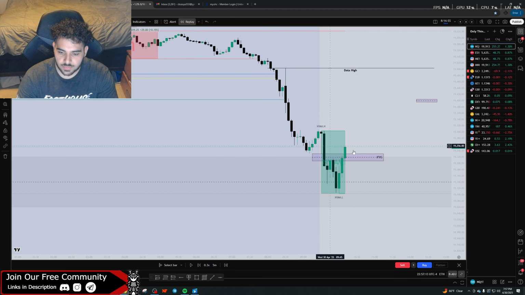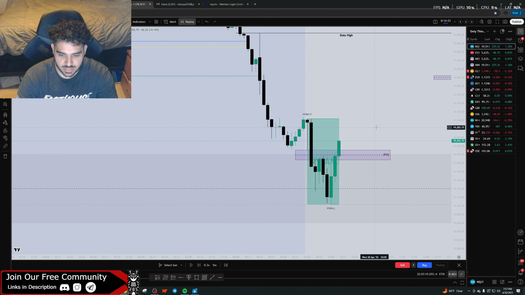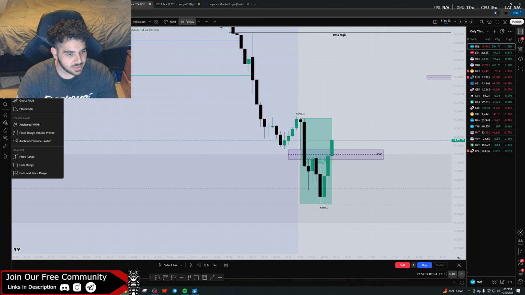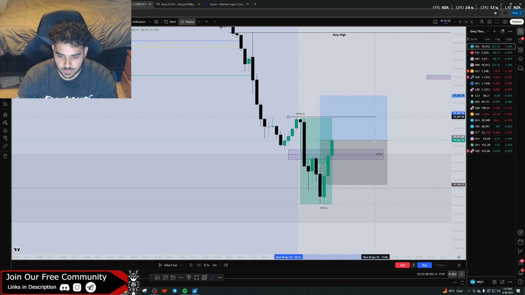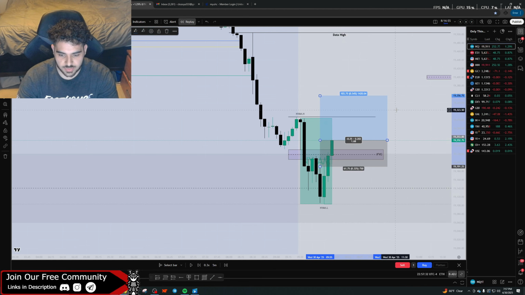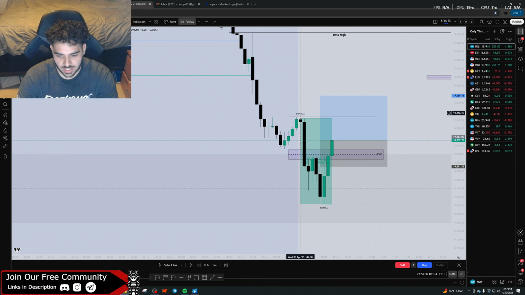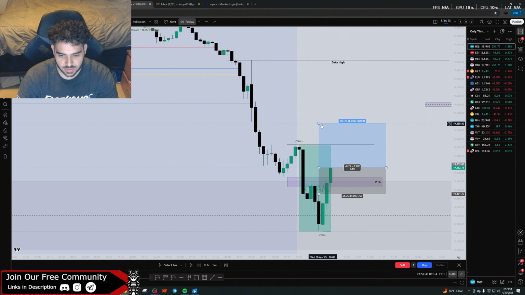As you know, with inversions, at least the way that I trade them, you don't have to wait for a total retracement into the inversion, because we know that when we enter, we're going to have these highs that are going to be vulnerable. That means we're positioning ourselves well either way if we're below that high, which we are. So we don't have to wait for a total retracement right there.